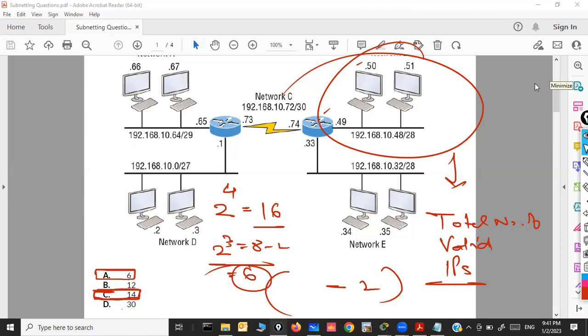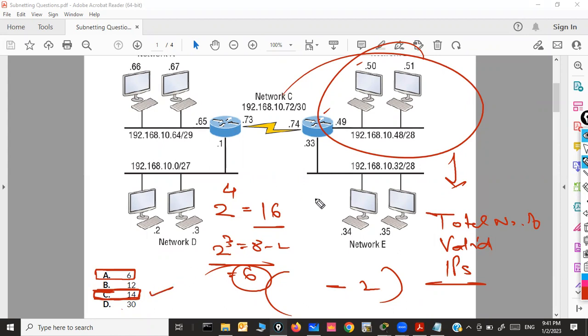So, Rashid, why 14? Vahe is saying 3 bits, and 2 raised to the power 3 means 8 minus 2, that comes to 6. Why 14? I mean, it was 16, and then subtract the first and last address. So that was 14. Okay.